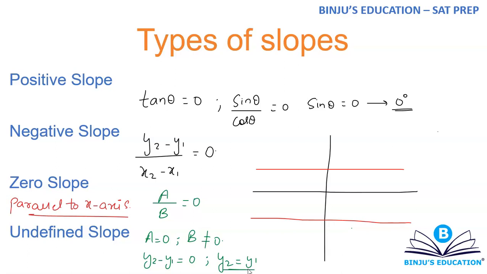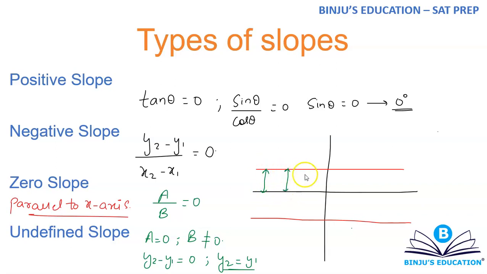Now when you say y2 is equal to y1, that means the y coordinate is not changing. Now what is y coordinate? Y coordinate is nothing but the perpendicular distance from the x-axis. So the perpendicular distance from x-axis is not changing. So that will only happen when the line is parallel to x-axis.